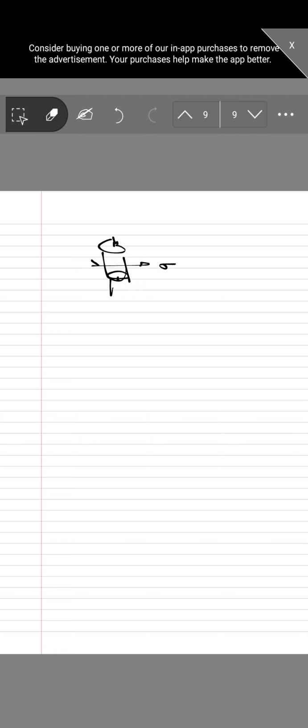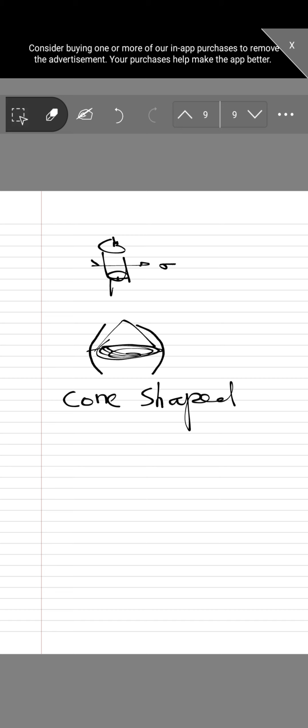So it will be like this cone shape. That is why it's called the cone shape. They are considering this as a cone from the base. So that's why they call it a cone shaped profile, or cone shaped zones, you may call it.